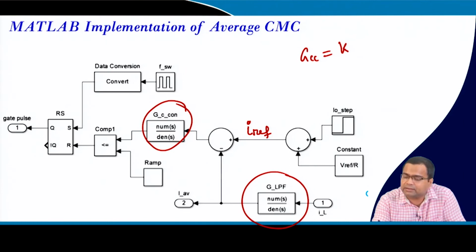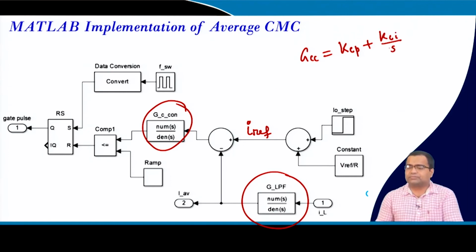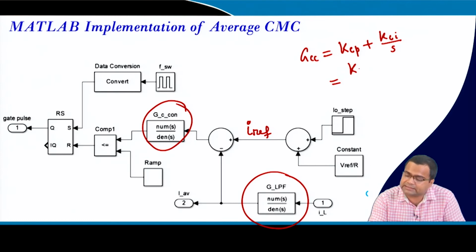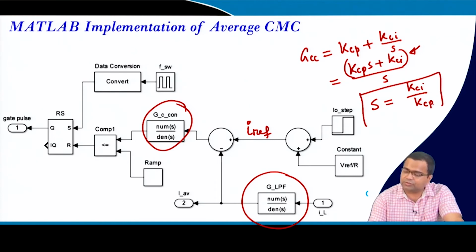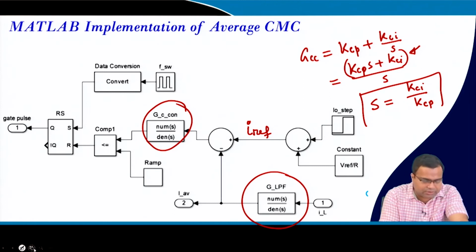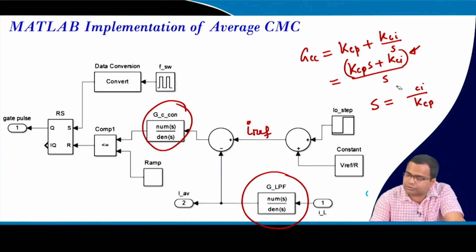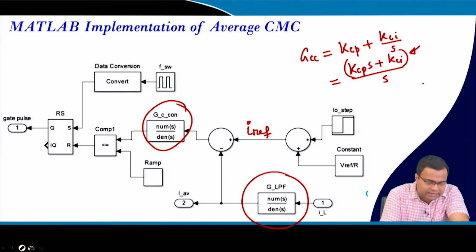We have taken current controller proportional plus current controller integral by S. That means we can write KCP plus KCI by S. So if we take this particular zero, that means S will be equal to KCI by KCP.